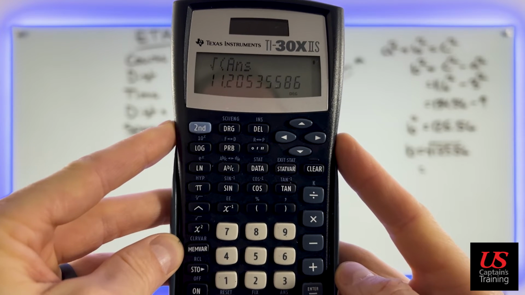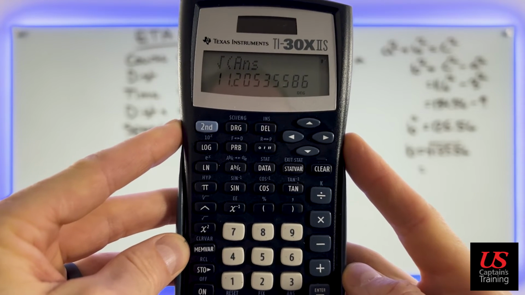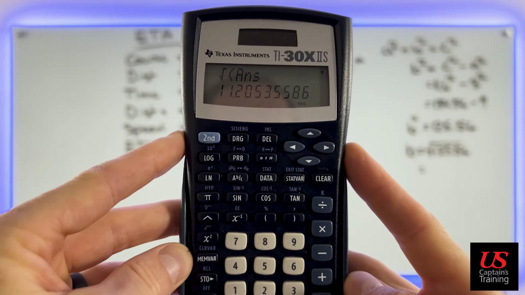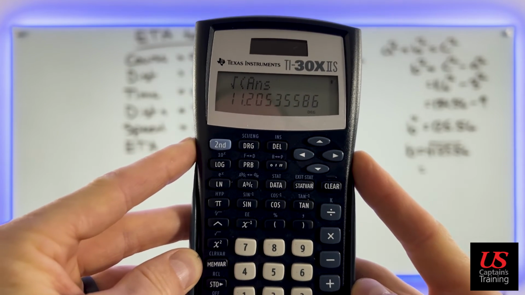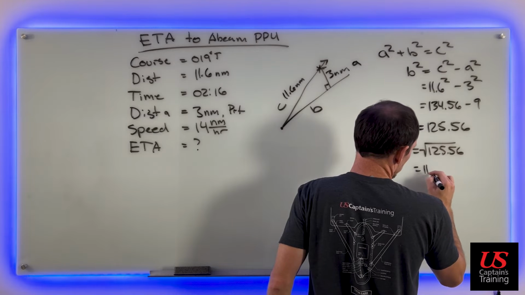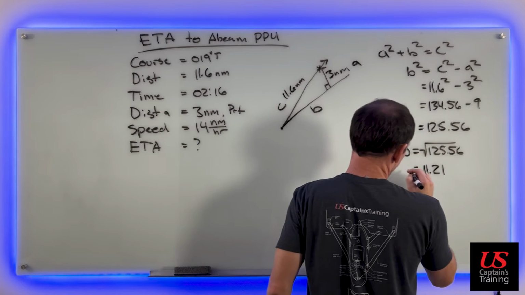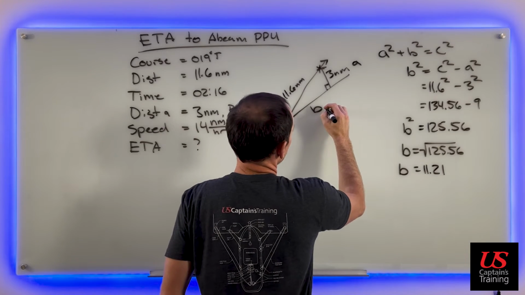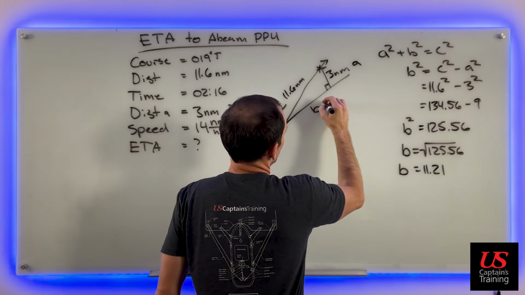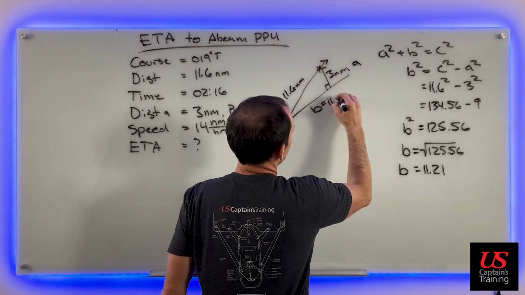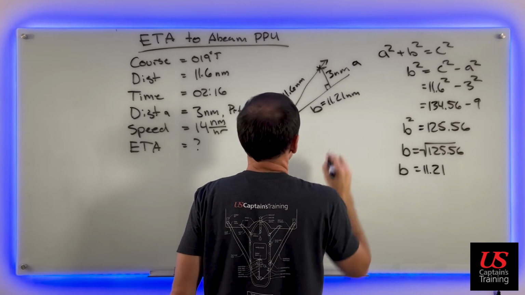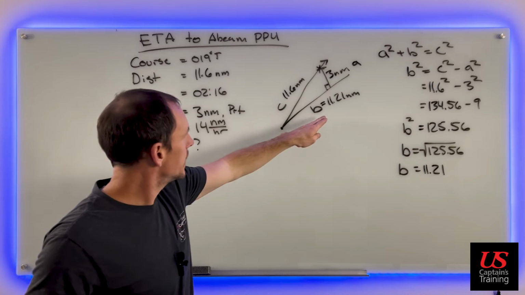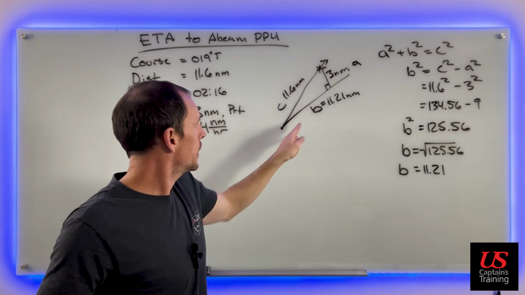See that 0.205? That 5 rounds up, and I'm using 2 decimal places. So 11.21. Good. So B is going to be equal to 11.21 nautical miles.